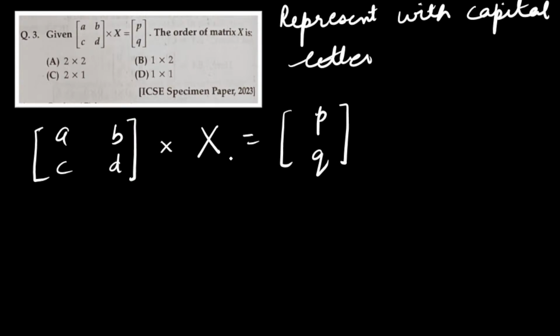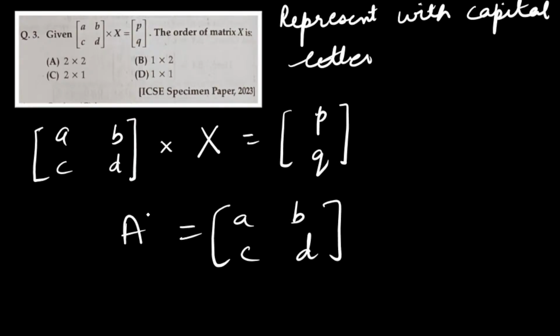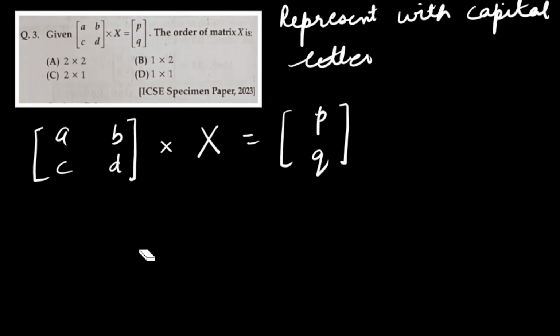Like here, if I have to write some matrix, I will write capital A is equal to A, B, C, D. So like here, capital X is given, which means this X is some matrix. If a small letter is there, that means only an element is written.